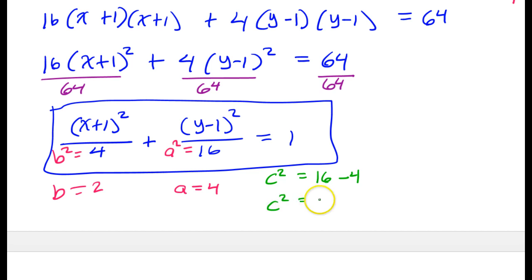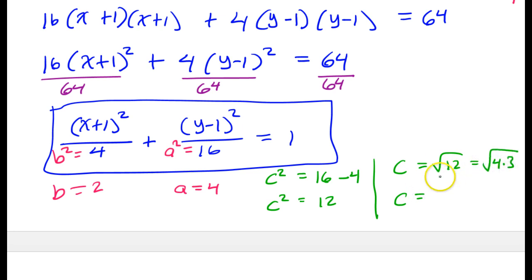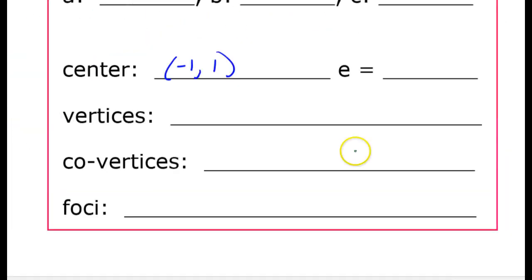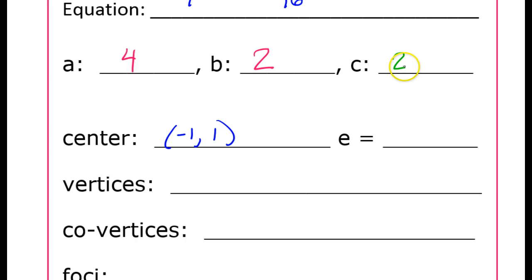So C squared is going to equal 12, which means that C will equal the square root of 12, which means C is equal to, keep in mind that 12 is 4 times 3, so this will simplify down to 2 radical 3. Okay, so that is the C value, 2 radical 3.